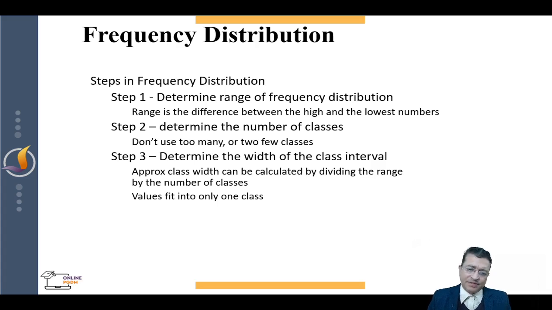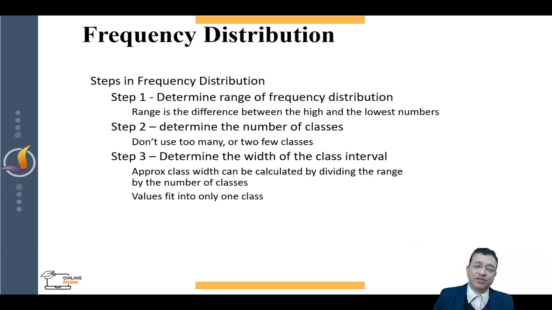Now for that purpose, mathematically, we are not using very difficult mathematics, just simple plus, minus, division, multiplication. We would like to fit all the values in some category, but there should not be any overlapping.